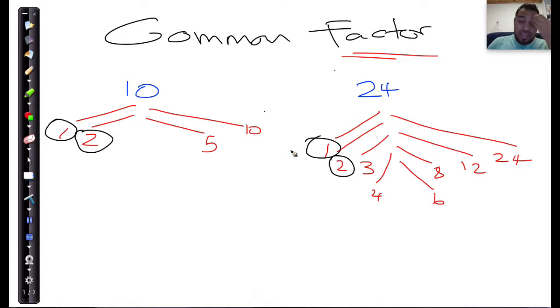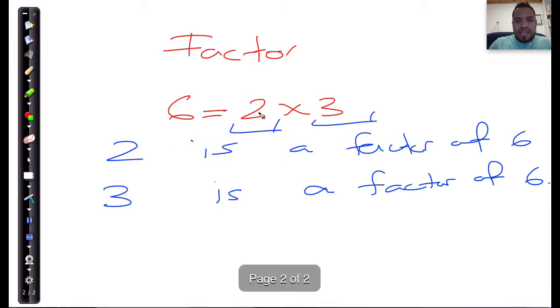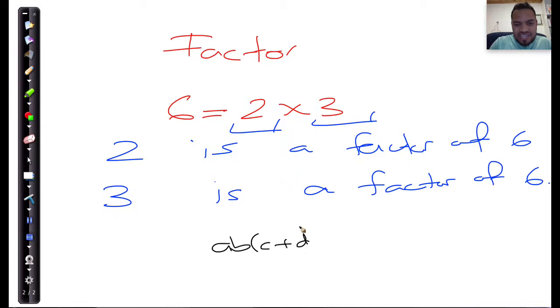Now if I give you an expression, 10 plus 24, and ask you to factorize that expression: when something is factorized, it needs to look like something times something. So A times the bracket B plus C is considered factorized, because there's my first factor and my second factor, the bracket.